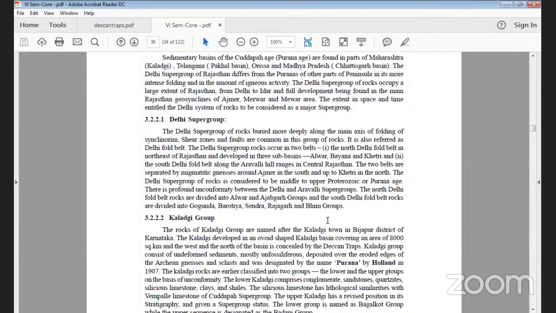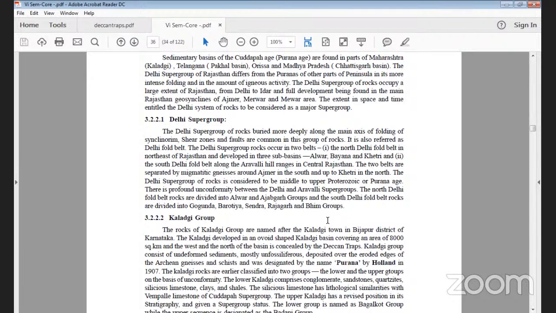The Delhi supergroup rocks are considered to be middle to upper Proterozoic of Purana age. These rocks are considered upper Proterozoic, and there is a profound unconformity between the Delhi and Aravalli supergroups.